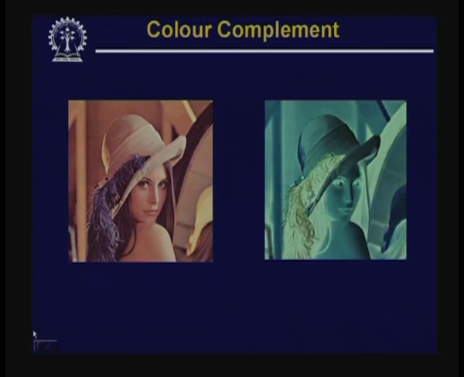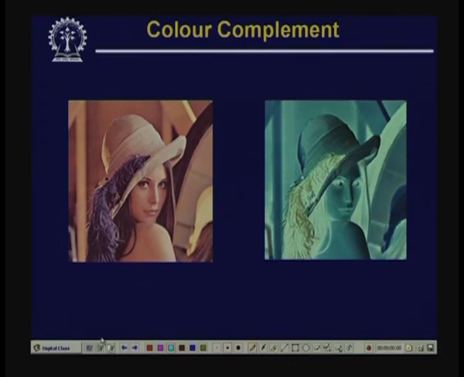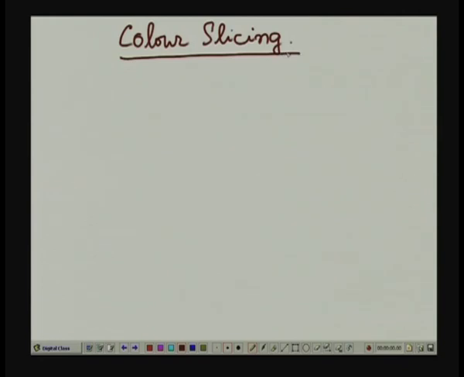The next application that we will consider of full color image processing is color slicing. In the case of an intensity image, we have said that the application of slicing is to highlight regions of a certain intensity range.